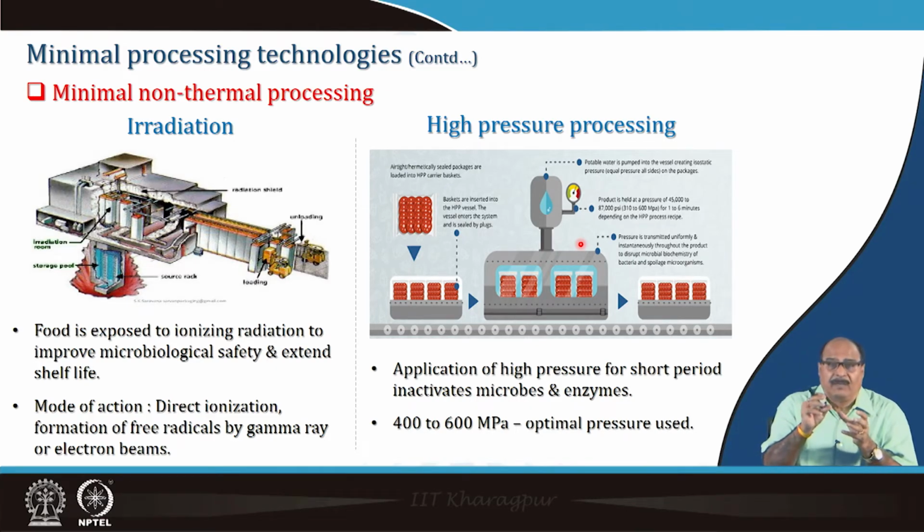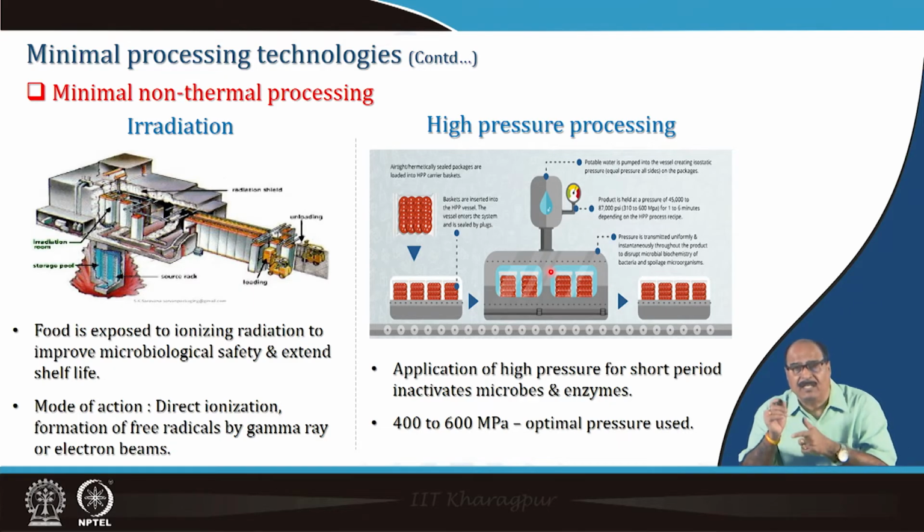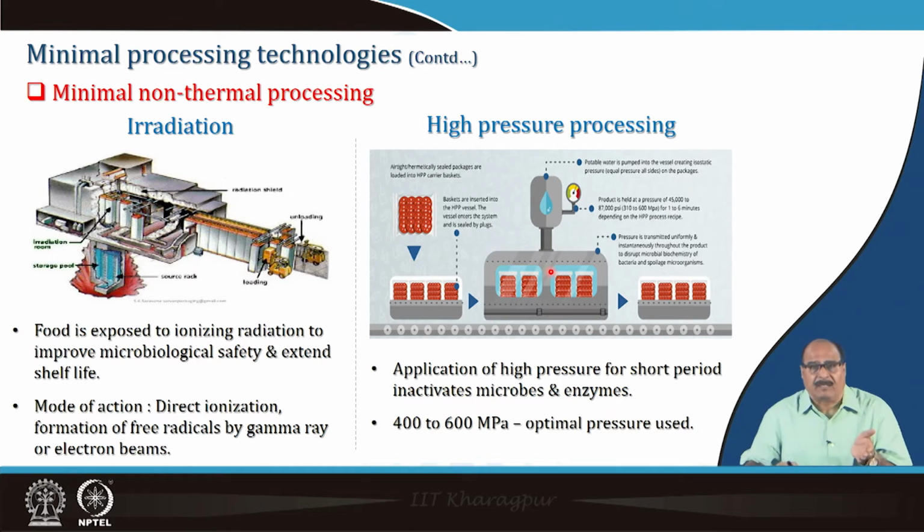The material is subjected to it either in packaged or unpackaged form, mostly fruits and vegetables in airtight or hermetically sealed packaging, or juices. It is put into a high pressure chamber and pressed with high hydrostatic pressure. Because of the application of pressure for a short period, it inactivates microorganisms and enzymes and extends the shelf life.